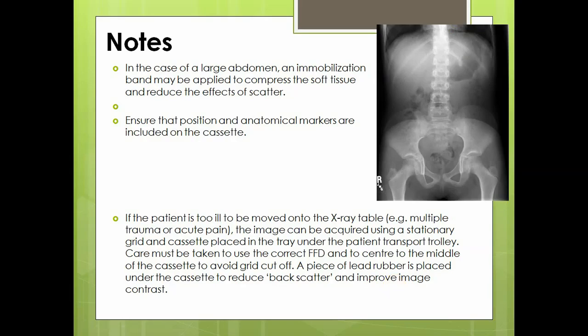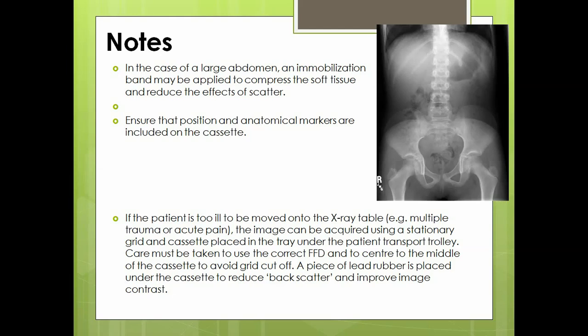So what notes should you take when you take a radiography? You should always keep it in mind: for a large abdomen, an immobilization band may be applied, compressing the soft tissue to reduce the effect of scatter. Sometimes the patient's abdomen is so large that even your penetration is not enough.